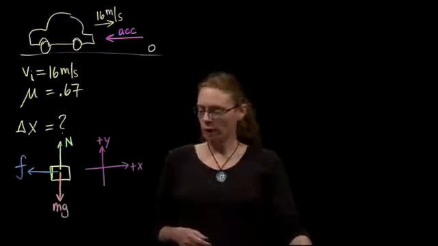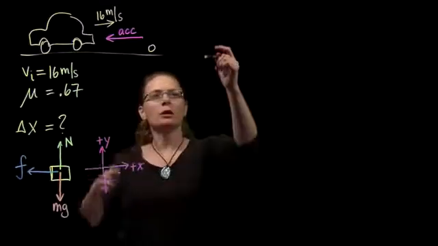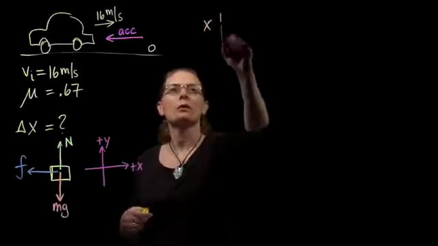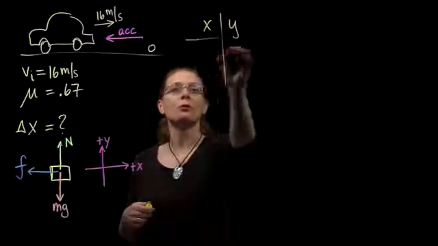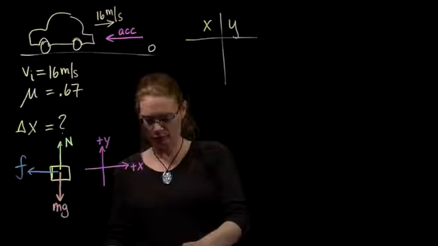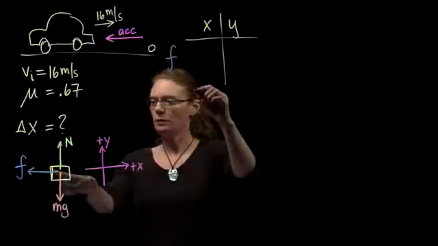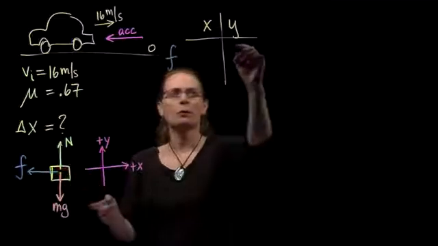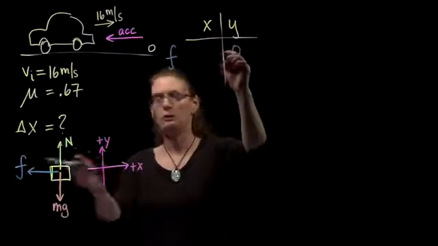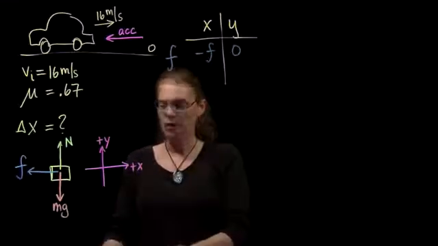Next up, we're going to do our chart of variables. So an xy chart for those three forces. I've got the force of friction, and that's going to be going to the left. There's no up-down component, and it's going to the left, which is our negative x. So friction is a negative x.